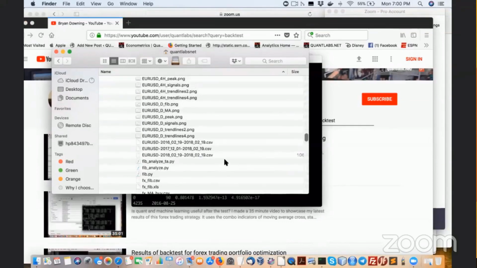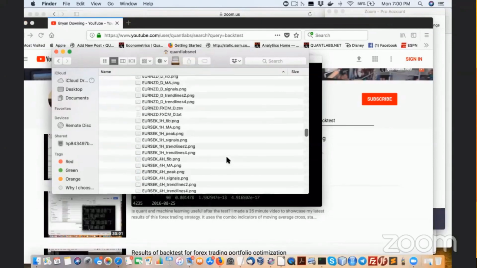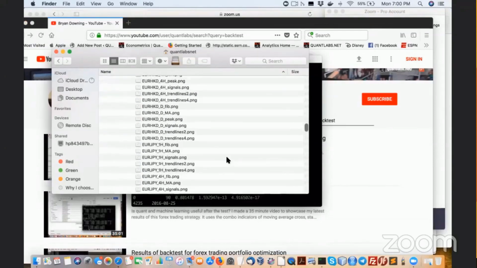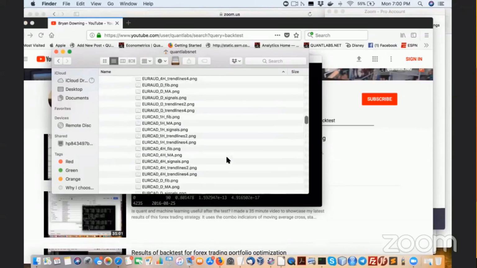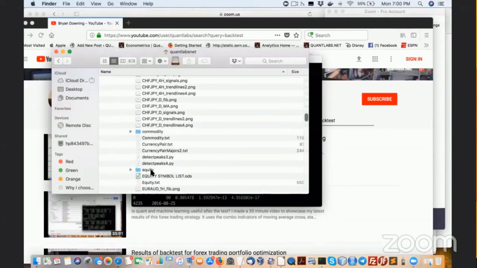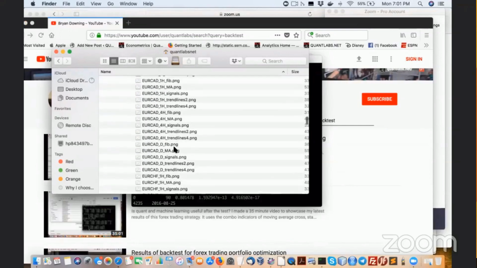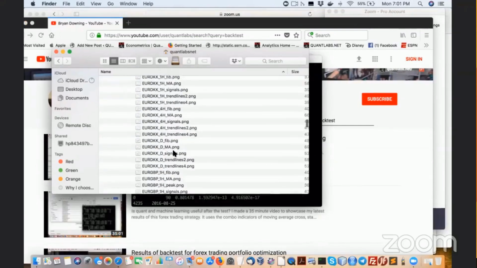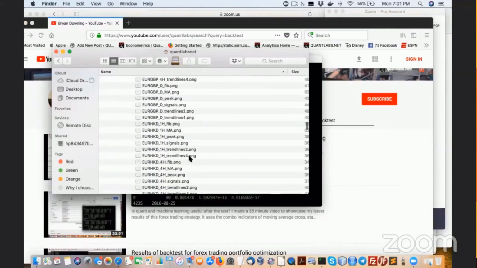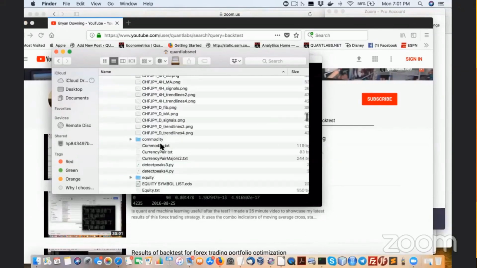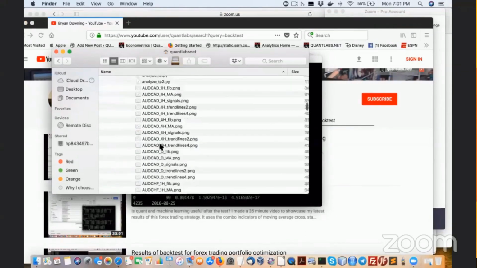So, as I said, I've got everything divided up into 3 categories. I've got an equity section and a commodity asset class section, and these are pretty well the same. I'm only going to focus on Forex for now. But I will say, based upon my performance, let me just pull up my spreadsheets here.